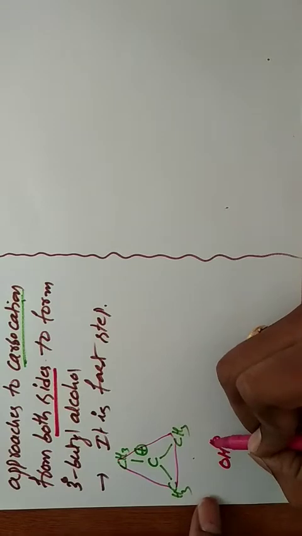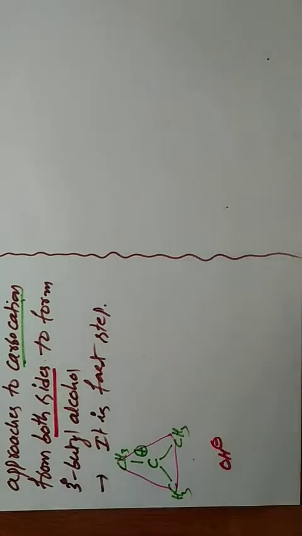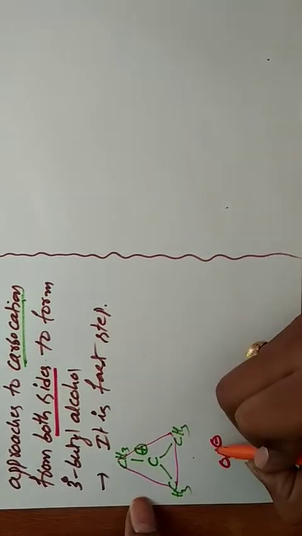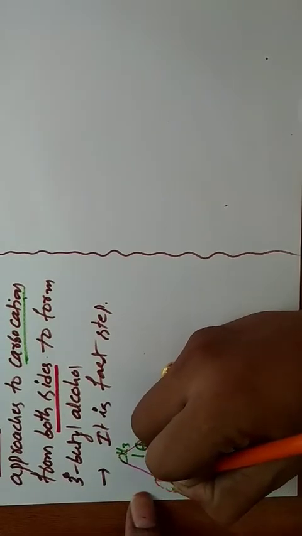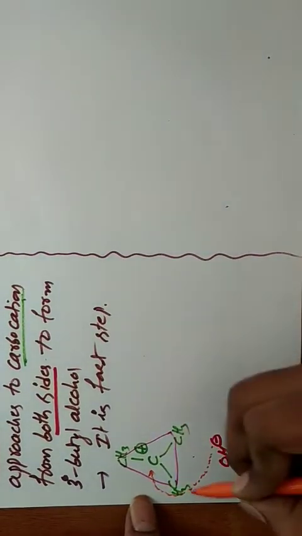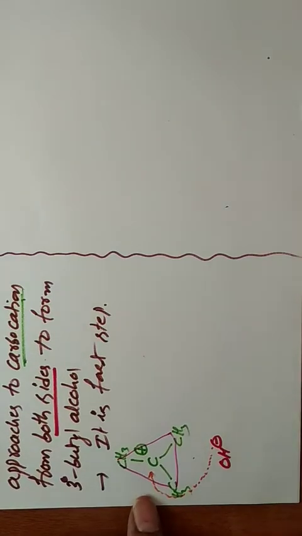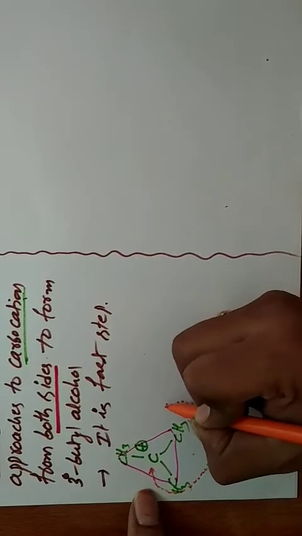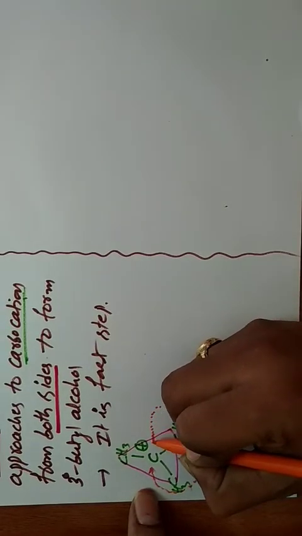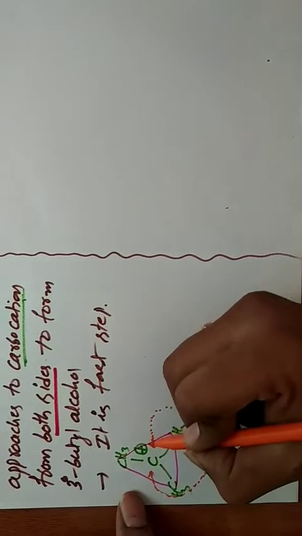That's why this OH minus ion is attached to this positively charged carbon from this side, from the left side. It is also available from the right side.